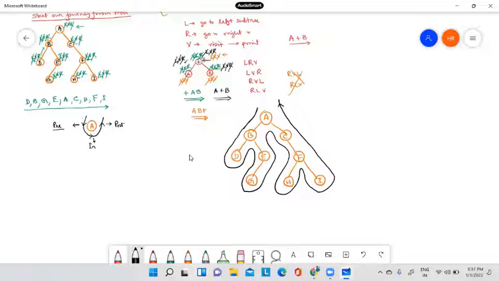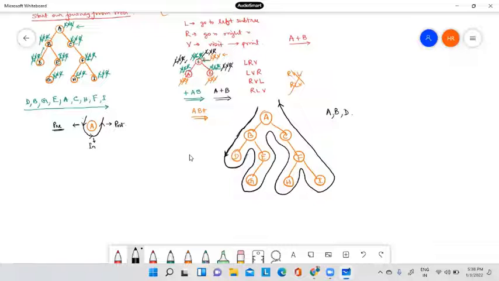Suppose you require pre-order, so from which side do you have to visit the node? From the left side of the node. So I start moving from this side. First I visit from left side A, so I write A. Then comes B. Then D. See, I am visiting them from left side.